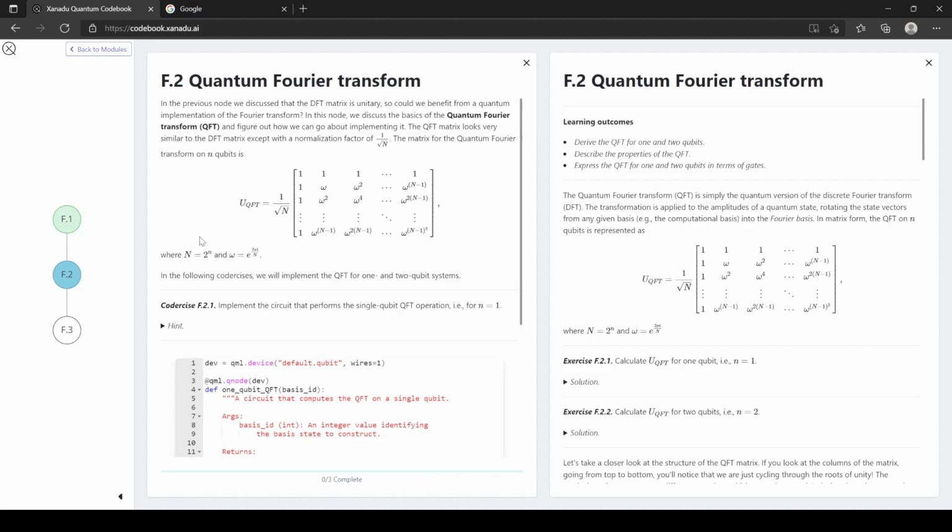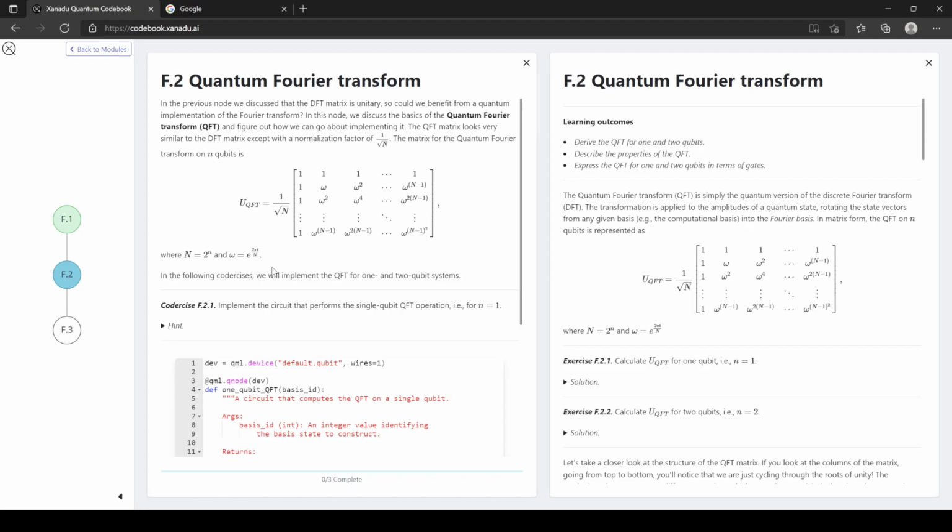So in this case, big N is 2, so little n is 1. So over here we have omega equals 2 pi i over 2, which cancels out, and e to the i pi, of course, is -1.